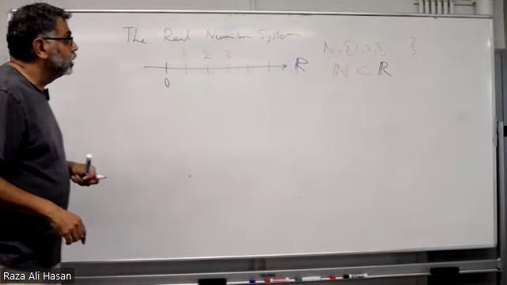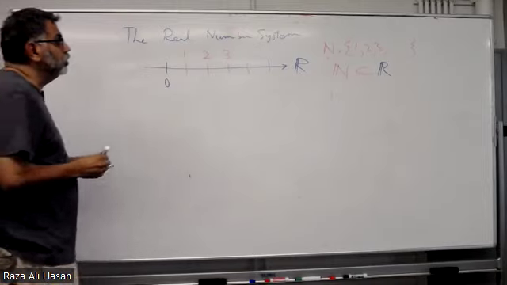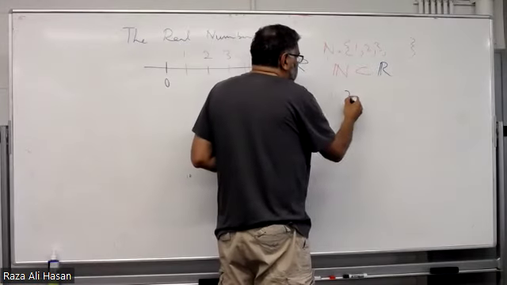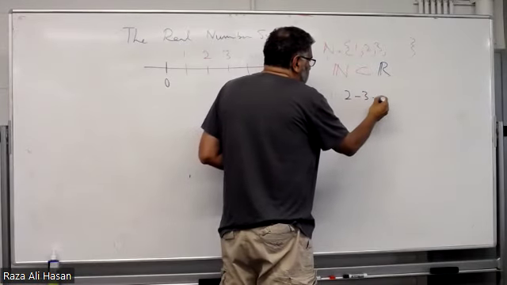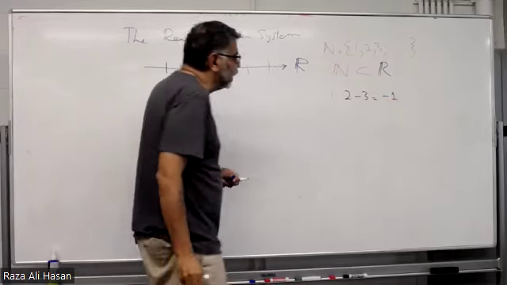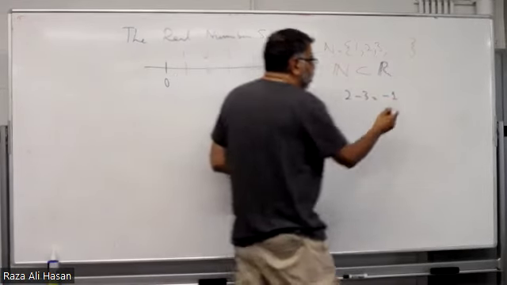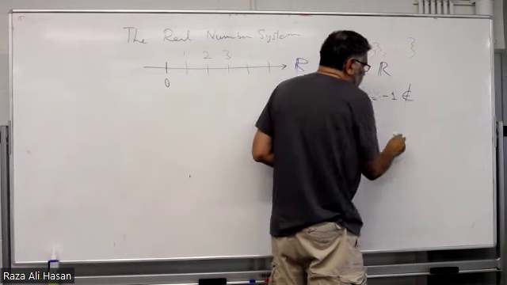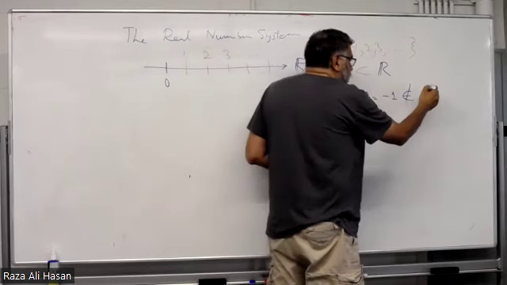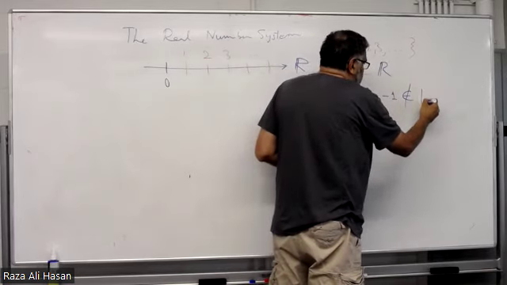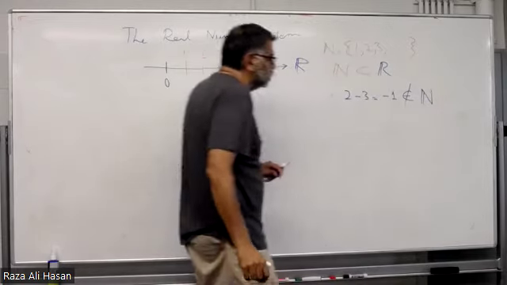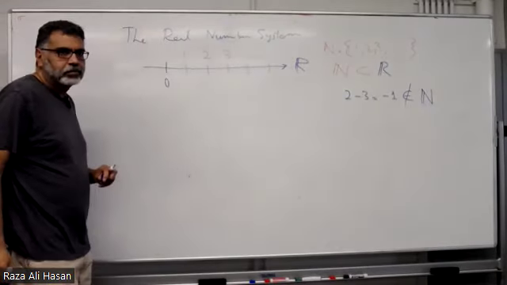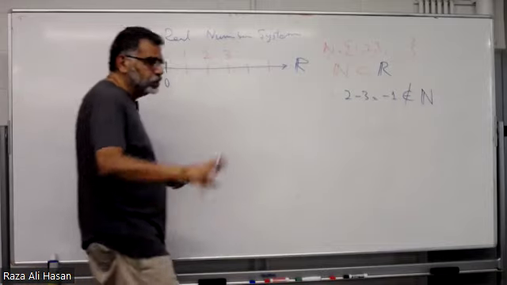If you take 2 minus 3, if you do subtraction and you get a negative number, you find that minus 1 is not in the set of natural numbers. So subtraction fails.